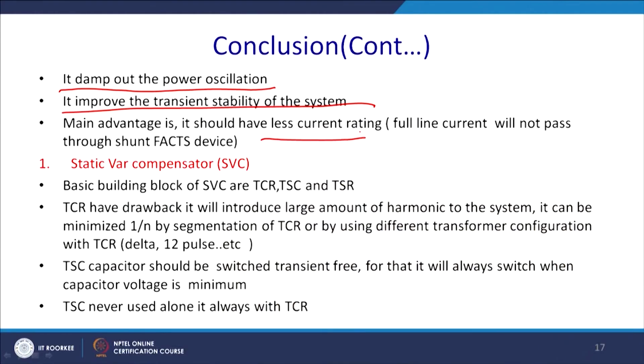The main advantage of this shunt type of FACTS device is that it has a lower current rating. It only sees the fraction of the current that is required to compensate the reactive power. So that is the biggest advantage of shunt devices: the cost will be less.